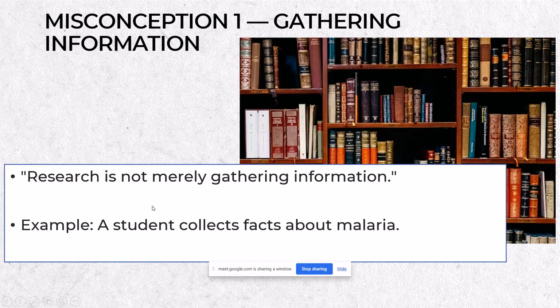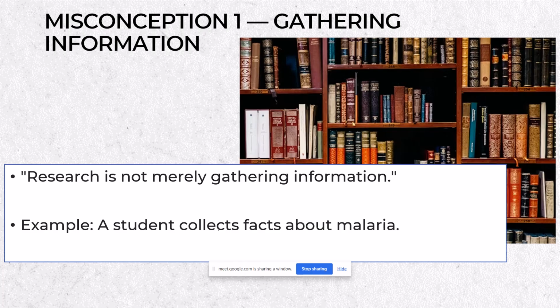Okay, we just collected facts, which are information about malaria. Malaria can kill children. Malaria is transmitted through mosquitoes. Malaria is a tropical disease.